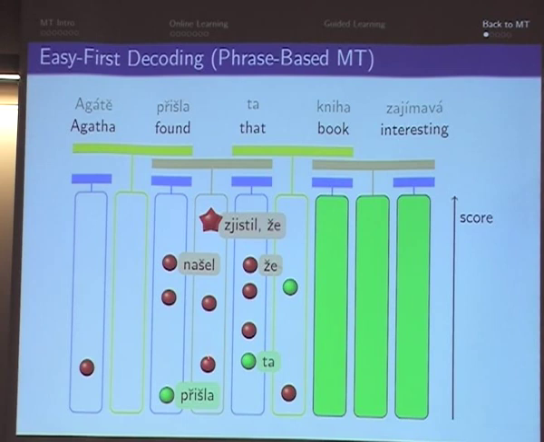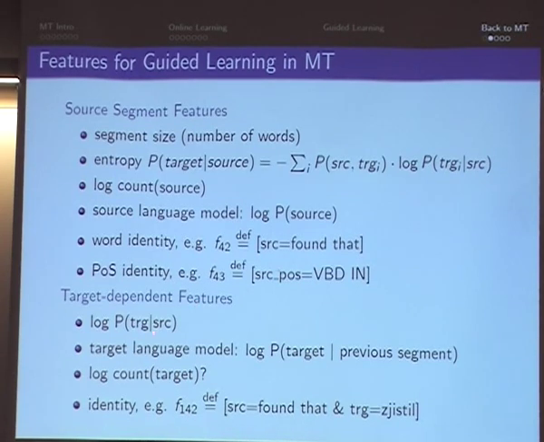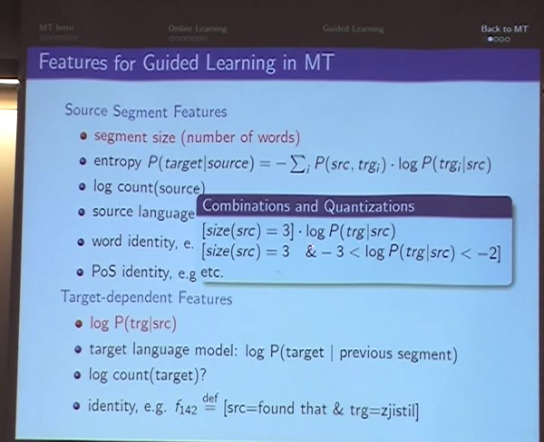So if you decide to choose a hope hypothesis from here, then you should look at whether it's reasonable from the target dependence features. So this is the probability of the translation model. Actually, it's a logarithm, so it's scaled, but maybe you can also apply other functions to this. And finally, you can get combinations of more features and quantizations.